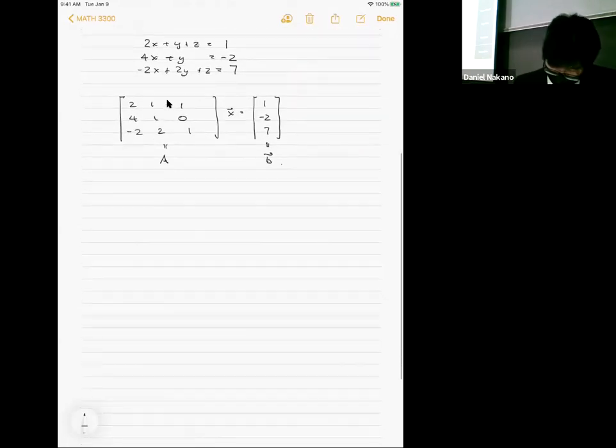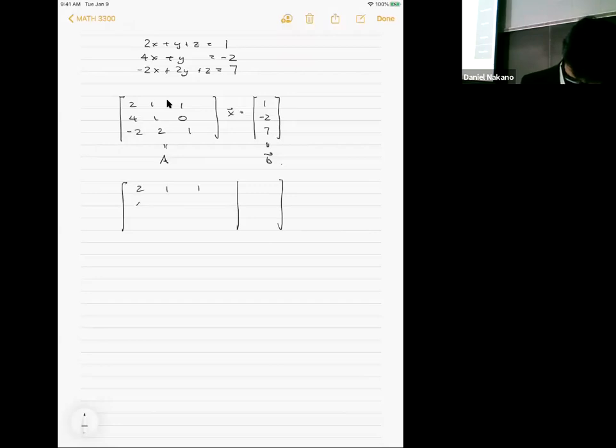In order to solve the system of equations, we use Gaussian elimination. So let's do that. This is 2, 1, 1, 4, 1, 0, minus 2, 2, 1, 1, minus 2, 7. We proceed as we normally do.